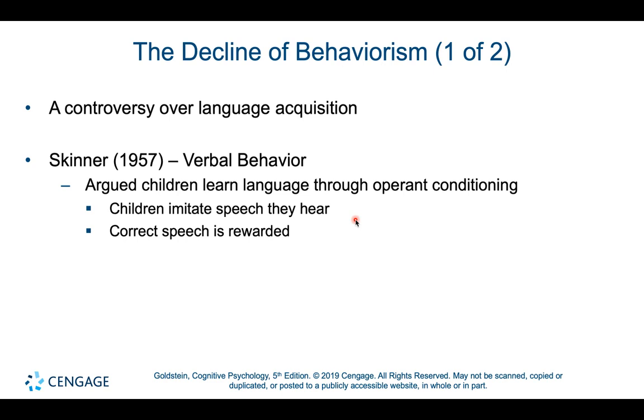We clap, we smile, we praise them. If they ask for a cookie, we give them a cookie, right? That's a reward, right? The child created a situation where they could be rewarded for their actions. And so Skinner is basically saying this is how children learn language, through this system of rewards and punishment, operant conditioning.